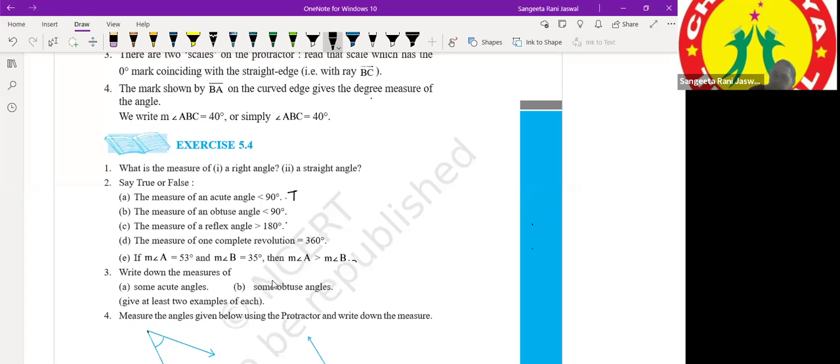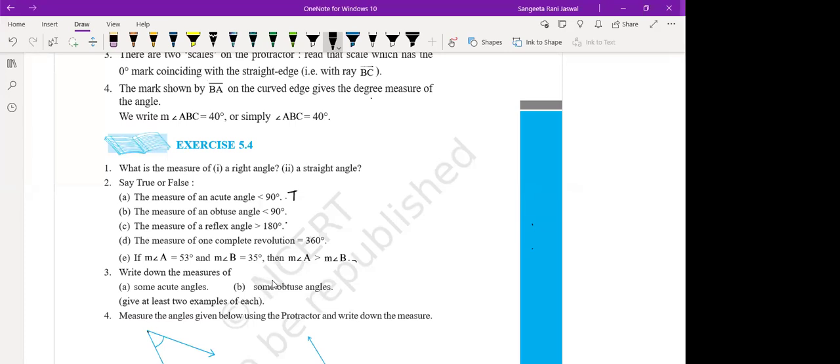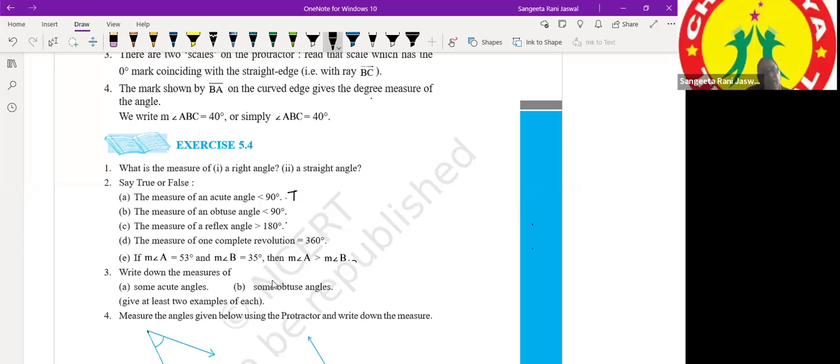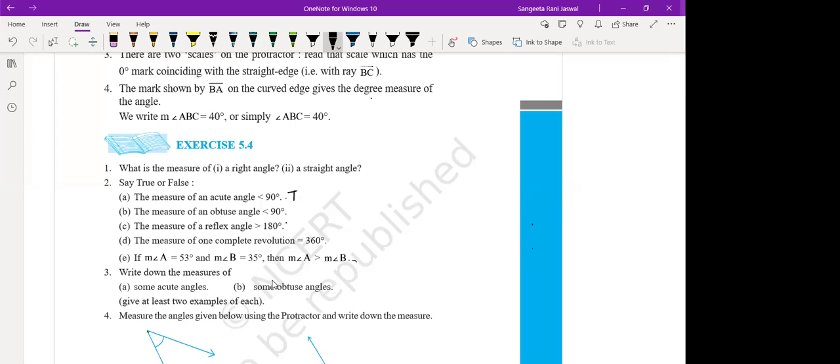Neha, you tell me. It is saying the measure of an obtuse angle is less than 90 degrees. Is it correct or not? Ma'am, it's false.